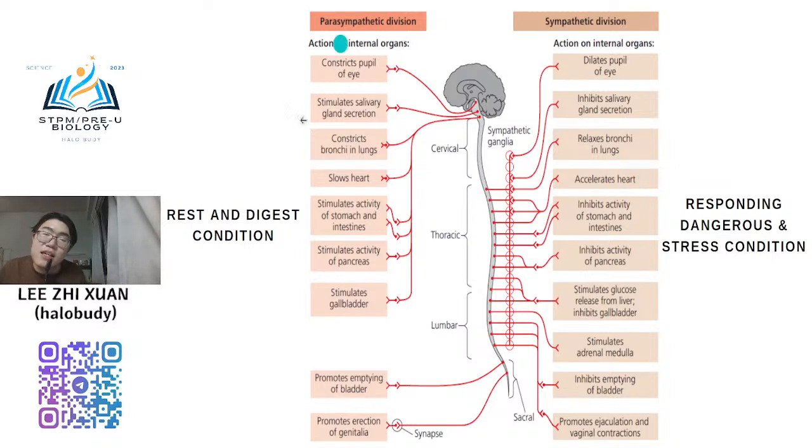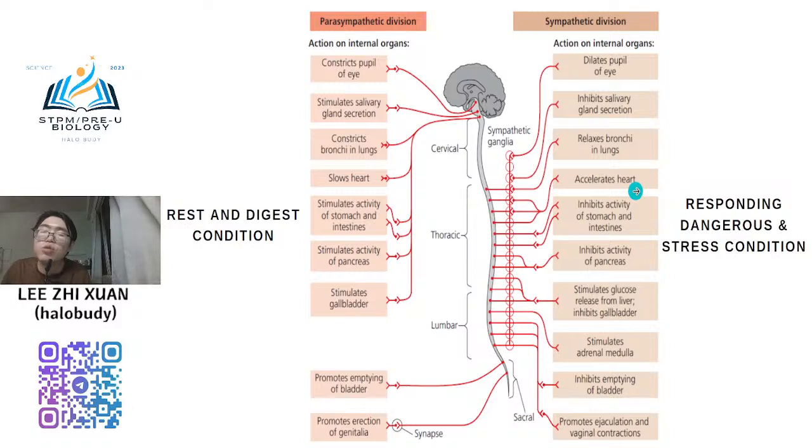Okay, so this is another very famous question, the difference between the parasympathetic and sympathetic. Normally the parasympathetic is very easy. Parasympathetic is the rest and digest condition. At rest, like now, or in a digestion condition, the parasympathetic division will take place. But in sympathetic, you know that it releases noradrenaline.